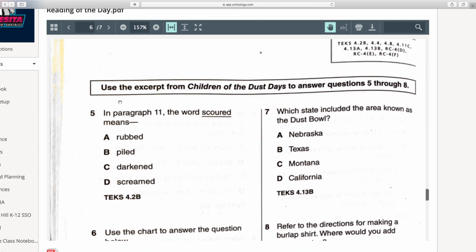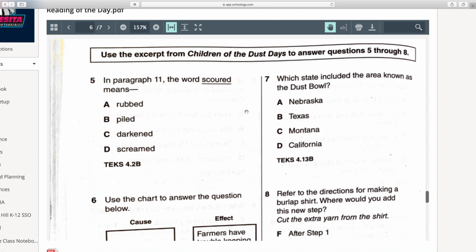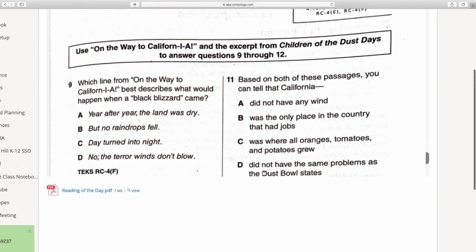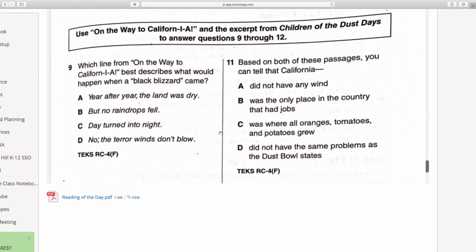Then here it says, use the excerpt from Children of the Dust Days to answer questions 5 through 8. So 5 through 8 come from the expository piece. Then the last 4 questions, 9 through 12, are a combination of the 2 readings. Okay, so they're gonna ask you questions about how you see connections between the 2 readings.